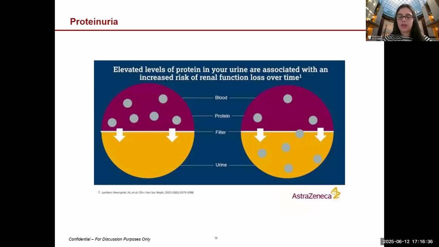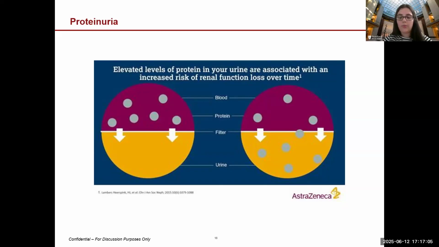This is to explain how healthy kidneys usually filter out the waste, but keep important proteins such as albumin in the blood. So here on the left side, you will see that the filter is working properly. The proteins, which are these gray little circles, stay in your blood and only the waste goes into the urine.